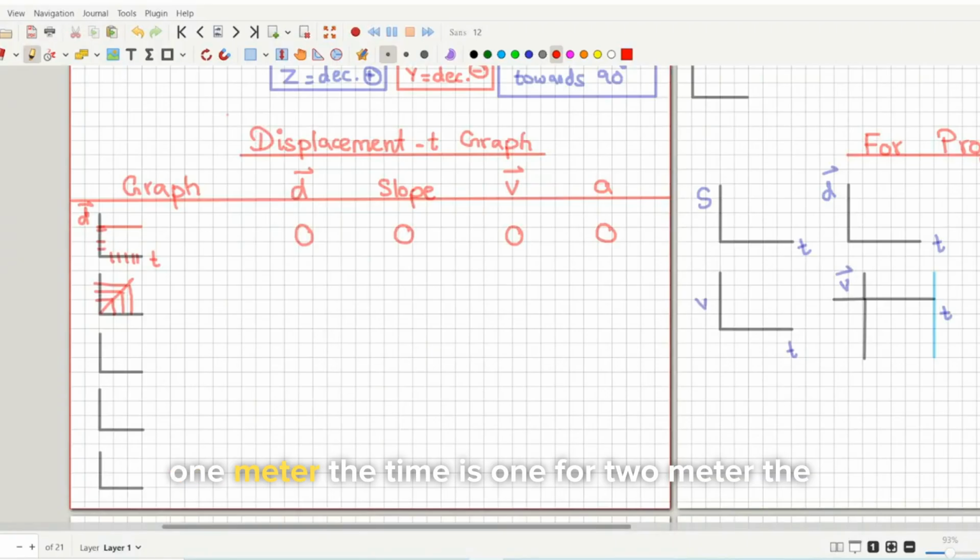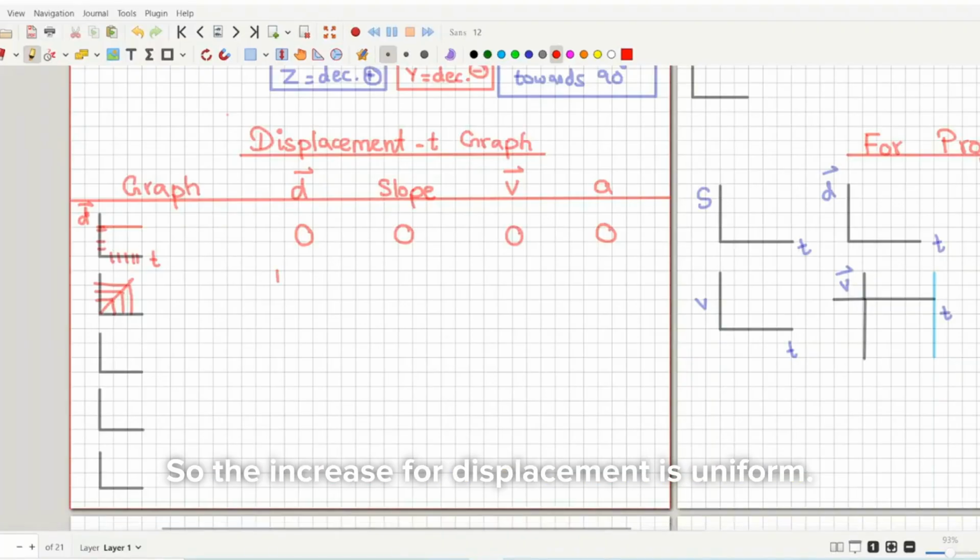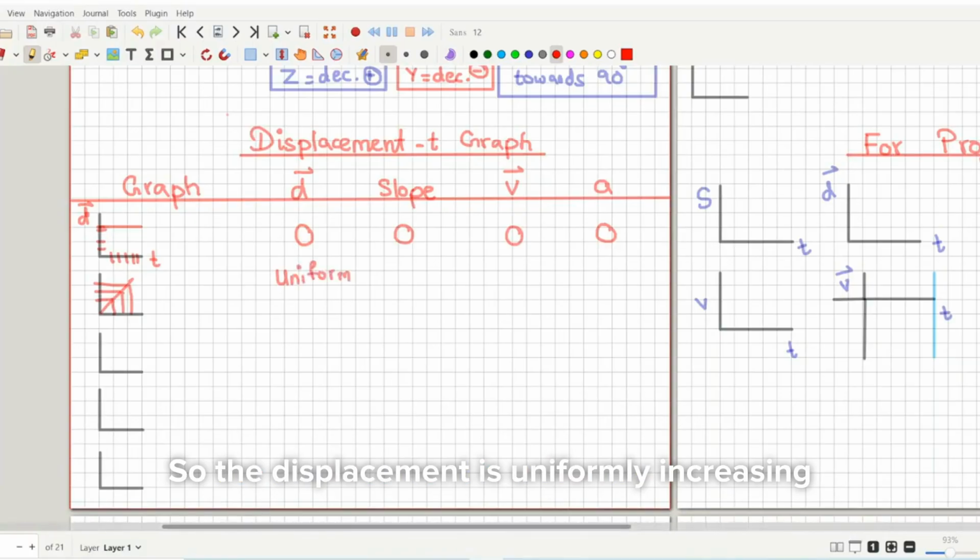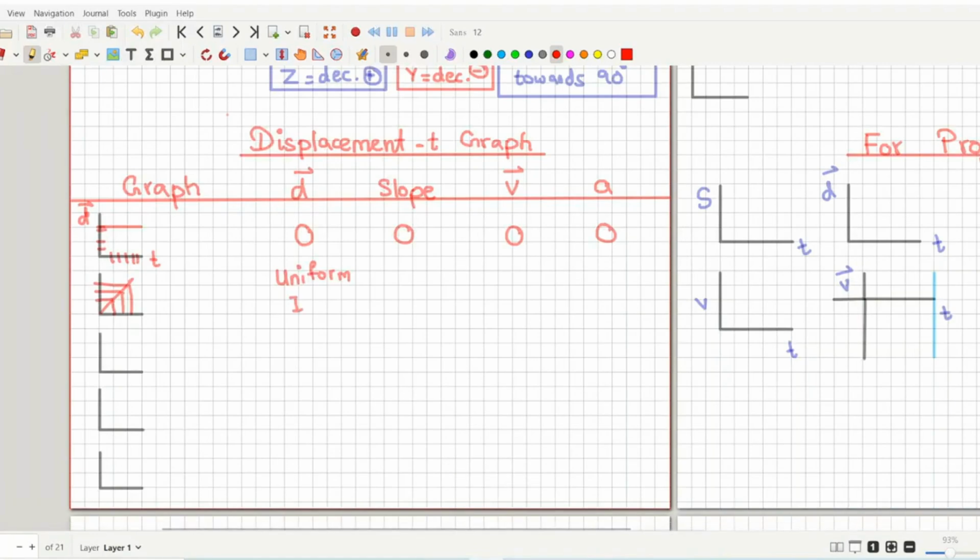Like for 1 meter the time is 1, for 2 meters the time is 2, for 3 it is 3. So the displacement is equal to the covered time. The increase in displacement is uniform, so the displacement is uniformly increasing, right?